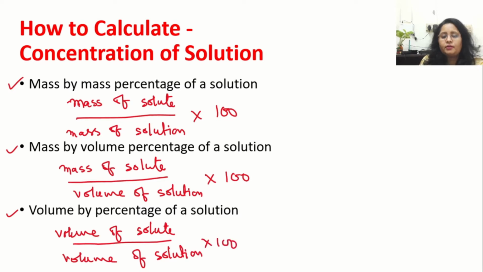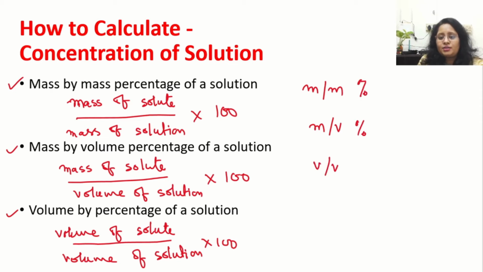Generally, if you see any medicine bottle or syrup bottle, you will see the ingredients written like M by M, which is mass by mass, or M by V, mass by volume, or V by V, which means volume by volume, and these are all in percent.